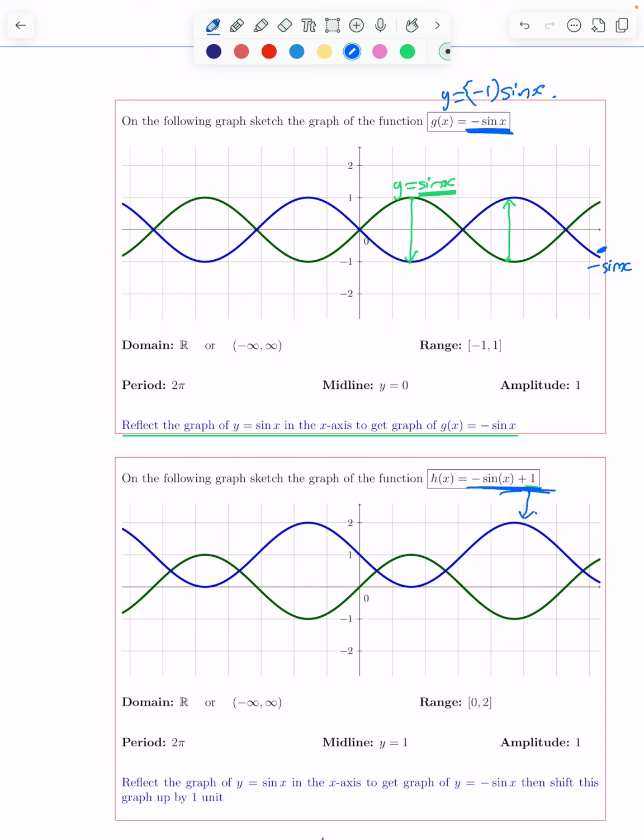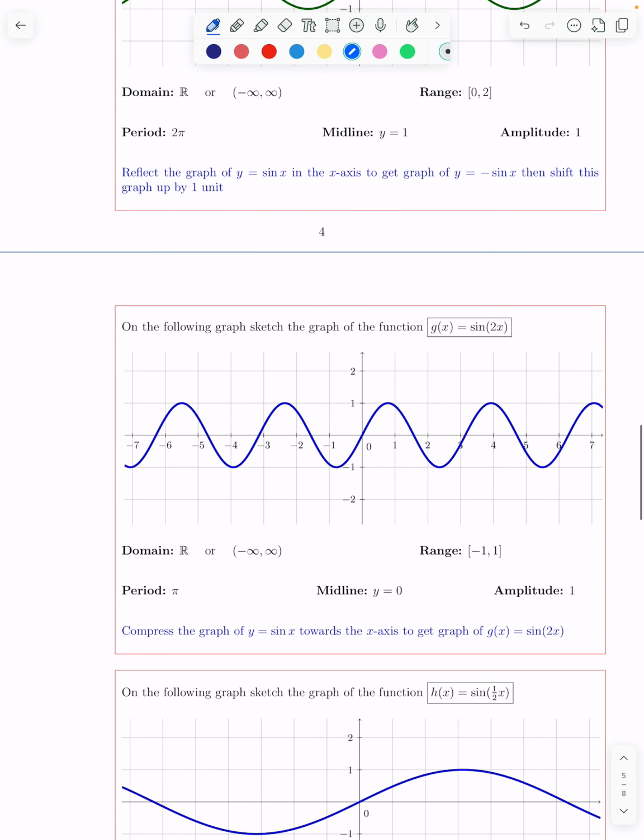And then just in terms of the range there, again, if you didn't have the graph in front of you and I was asking you the range, sine x has a range from -1 to 1, minus sine x has the same range. You can see that above, you just change all the signs, and then if you add 1, minus sine x plus 1, you take that range above and add 1 to both ends to get a range of 0 to 2. And the midline there is 1.